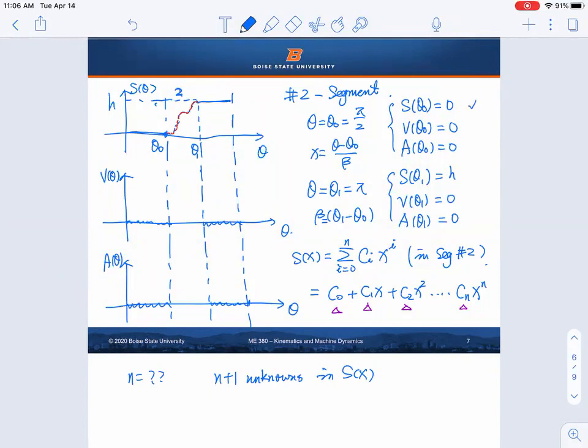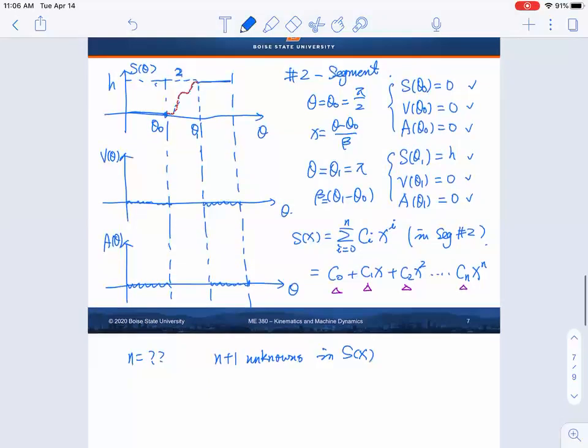Let's see here, we have 1, 2, 3, 4, 5, 6. You can easily find 6 equations for your polynomial. We have 6 equations and n plus 1 unknowns, so naturally you want to select n equal to 5.